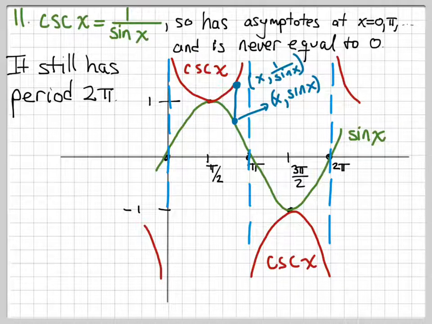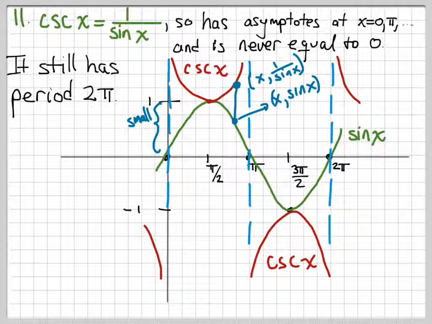You take whatever the sine value is and divide it into 1. Since all of our sine values are small, when we try to divide them into 1, we always get bigger values, which is why you can see cosecant is always above sine.